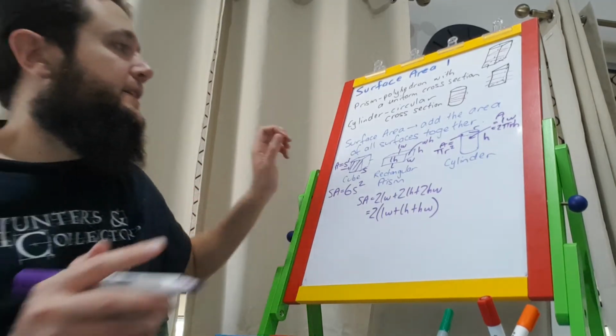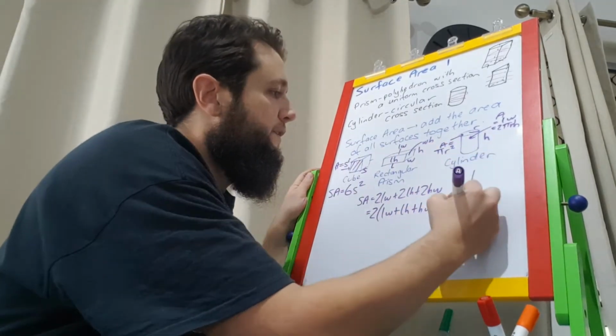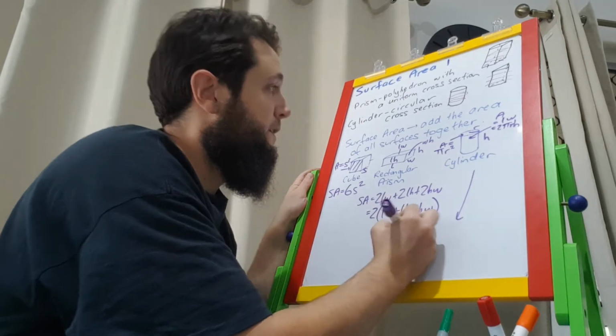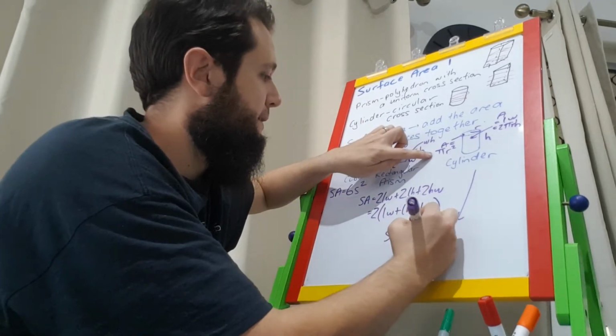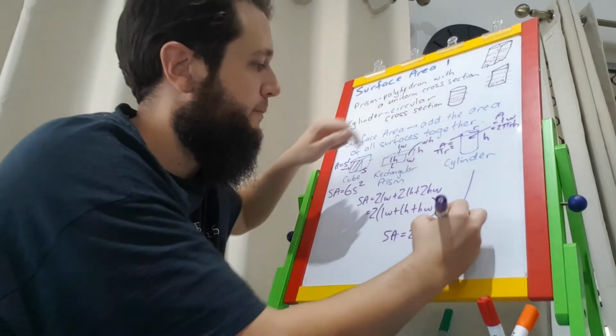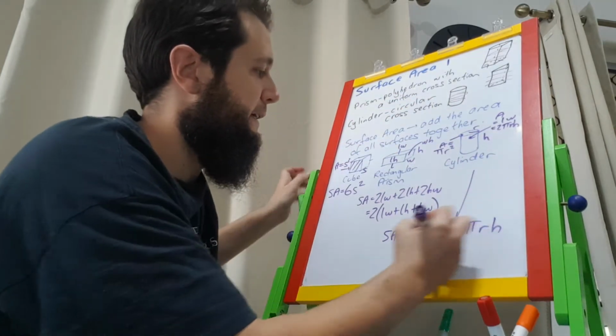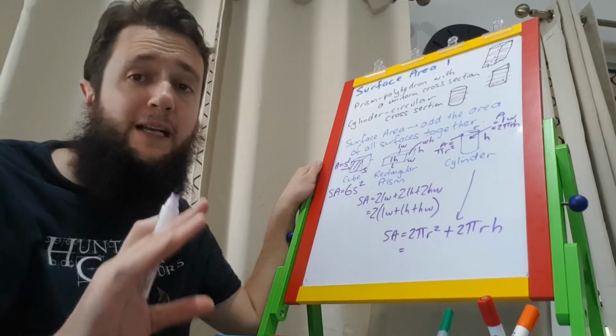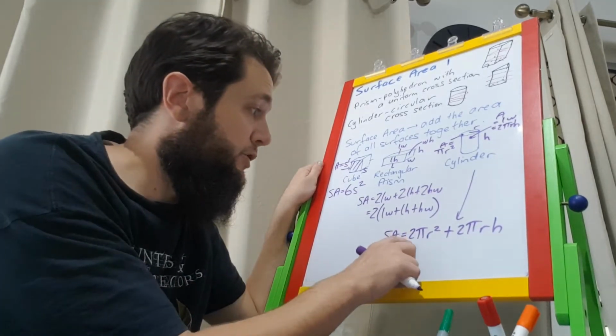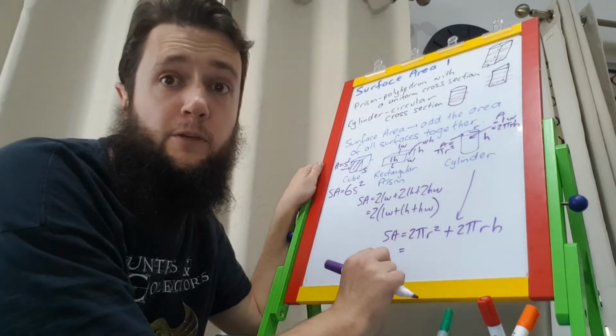So putting that together, the surface area of a cylinder is the 2 pi r squared, that's the top and the bottom, plus the rectangular component, which is 2 pi r h. They have a massive amount of common factors there. They have a 2, a pi, and an r in common.